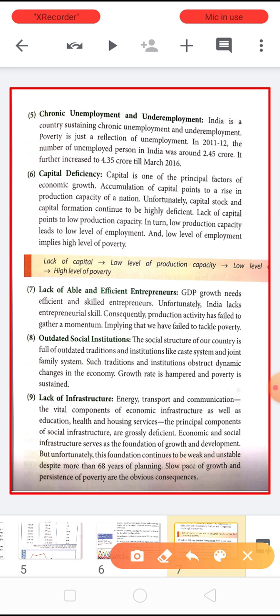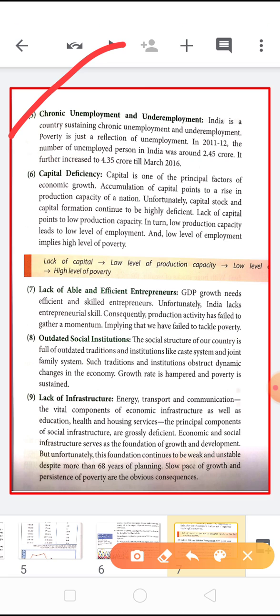So the next cause is chronic unemployment, and you can say unemployment and underemployment. Children, as we all know, a large section of the urban poor in India are largely the overflow of the rural people who migrate from rural to urban areas in search of employment and a livelihood.